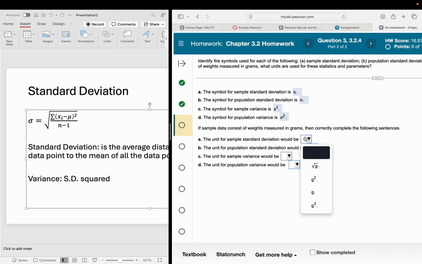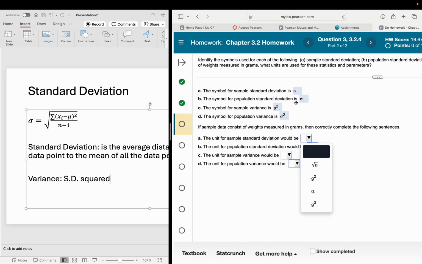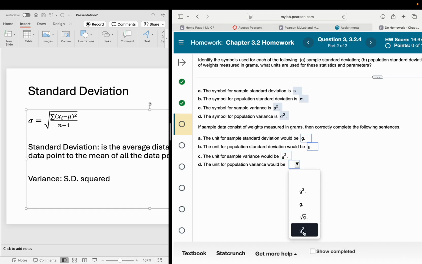The unit for standard deviation, if we were using weights in grams, would be grams. The unit for the population standard deviation would also be grams. Variance would be grams squared, and population variance would be grams squared.